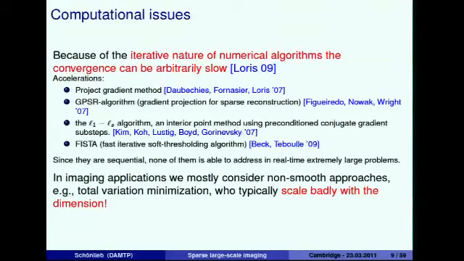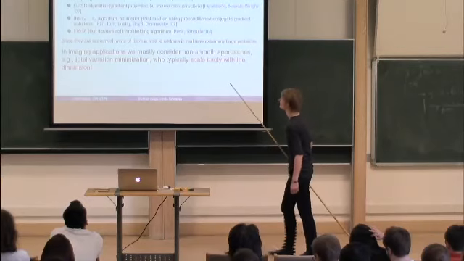There are accelerations of the usual iterative methods, some of which I've listed here, where basically these accelerations deal with preconditioning the operator, say your iteration matrix, in such a form that your iterations decay faster, your iteration error.